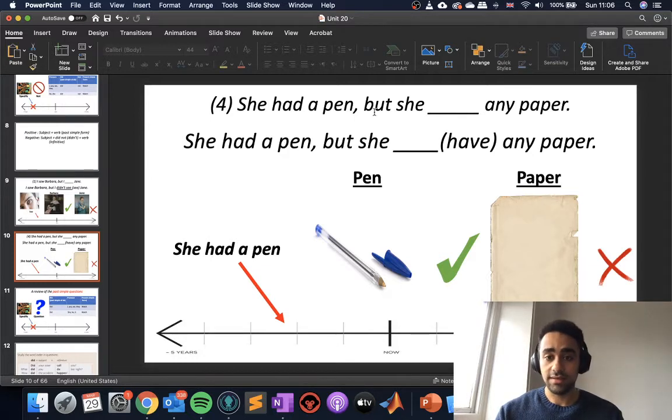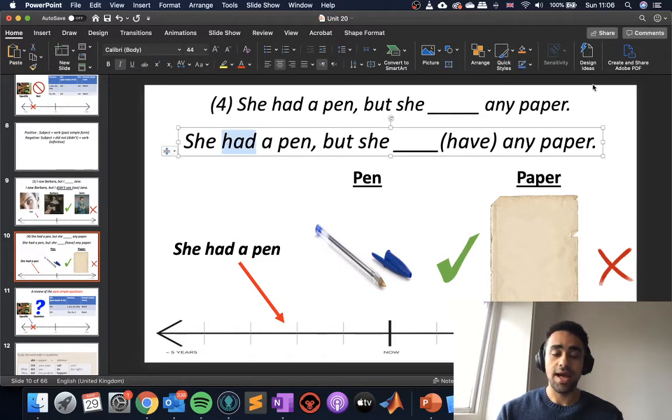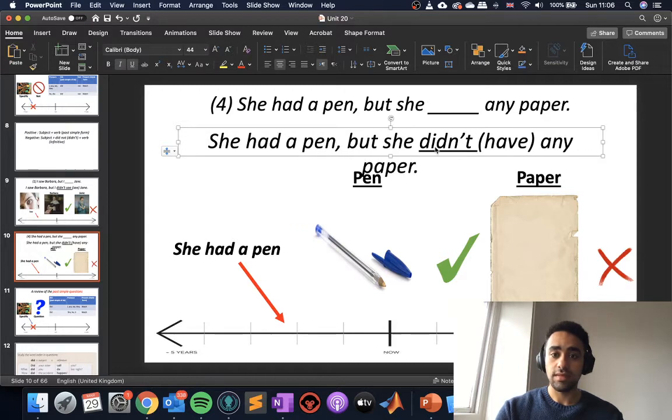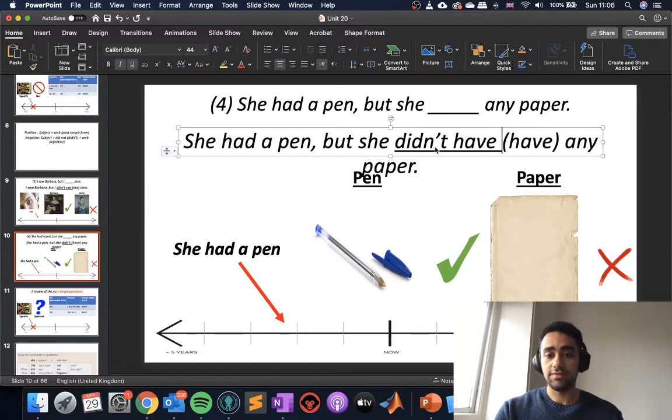She had a pen, but she didn't have any paper. Had is the past simple of have, but because we are using the negative, we are using didn't, so we will use the infinitive, which is didn't have any paper.